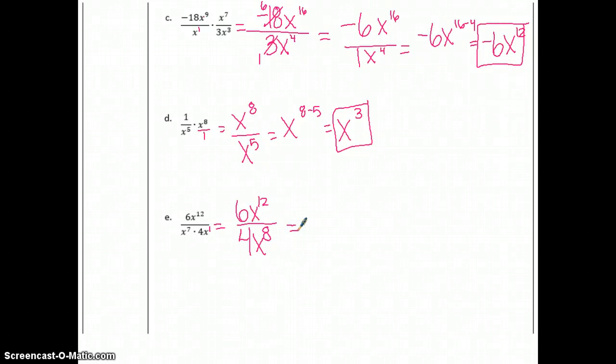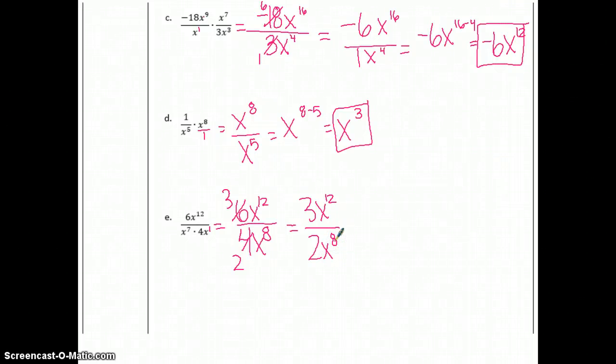I'm going to simplify. What number goes into both 6 and 4? 2. 2 goes into 6 3 times. 2 goes into 4 2 times. So I have 3x to the 12th over 2x to the 8th.